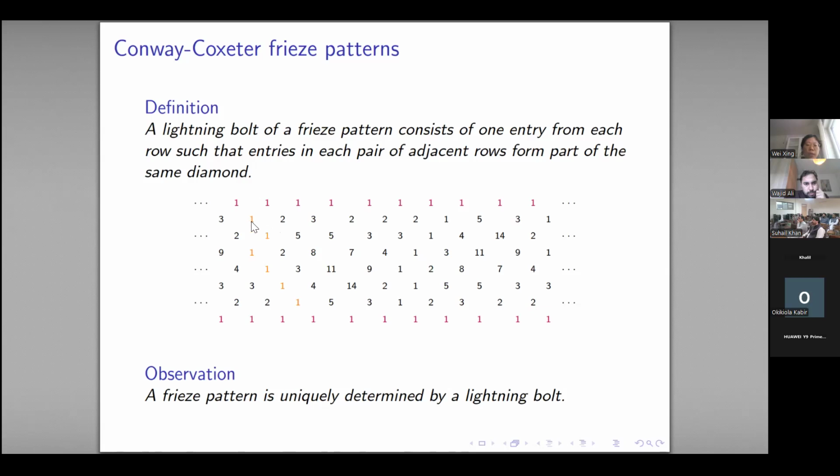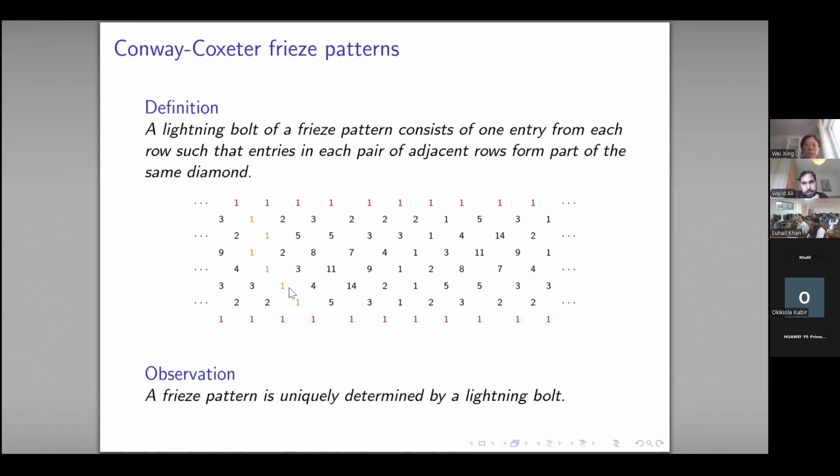And such a configuration, we call a lightning bolt, which here I denote those integers by orange color. And a priori, they don't need to be only ones. They can be other integers. But by choosing such a lightning bolt and applying diamond rules, you will get a Frieze pattern again.